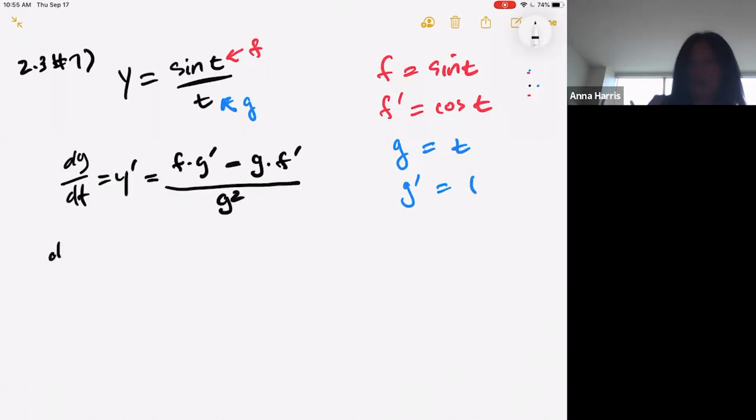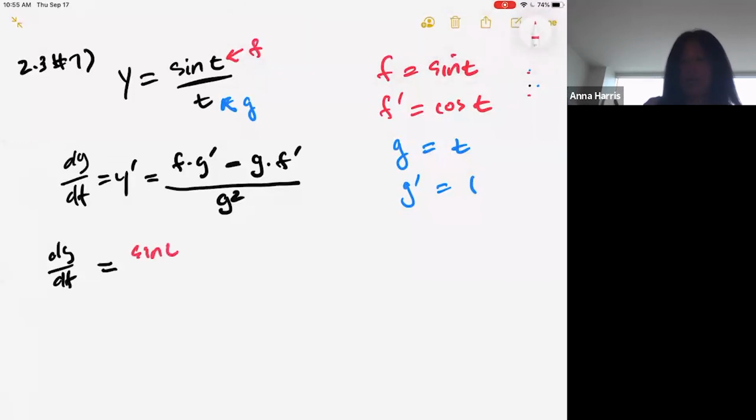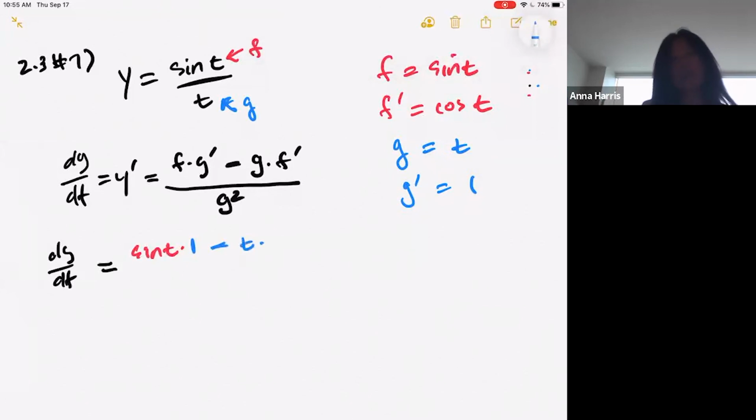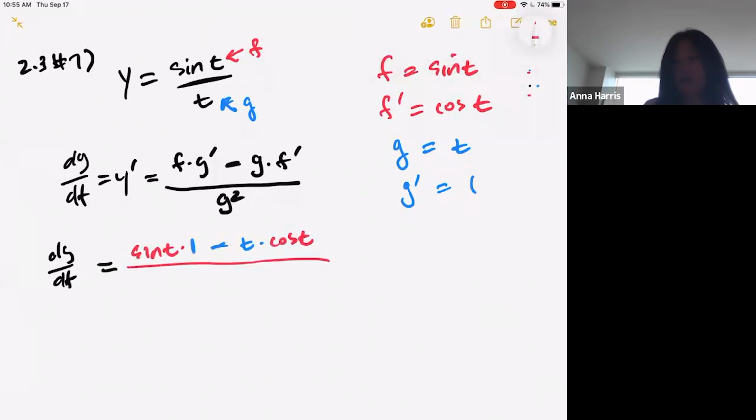So I'm going to say, okay, dy dt is equal to, plug it in. So that'll be sine t, and g prime happens to be easy, 1, minus g, which is t, times f prime, cosine t, everything divided by g squared.